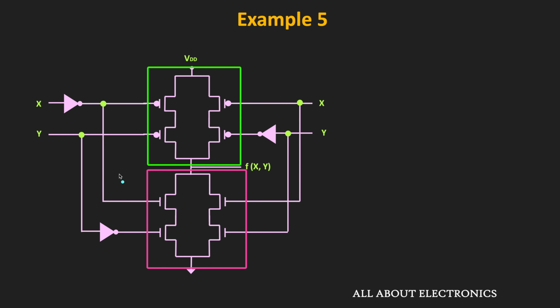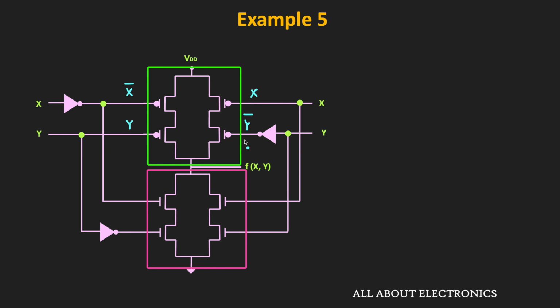To understand which function is implemented with this given circuit, first of all let us simplify the input connections. Here the input to this first PMOS gate is equal to X bar. Similarly, the second PMOS gate is connected to the Y input. Over here, the input to this PMOS gate is equal to X, while the input to this lower PMOS gate is equal to Y bar.